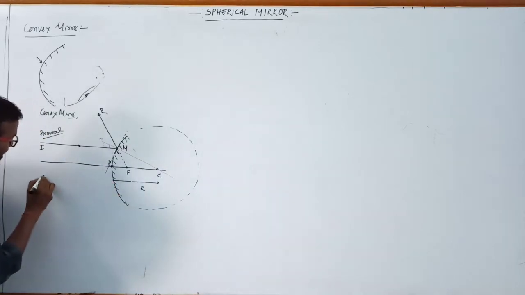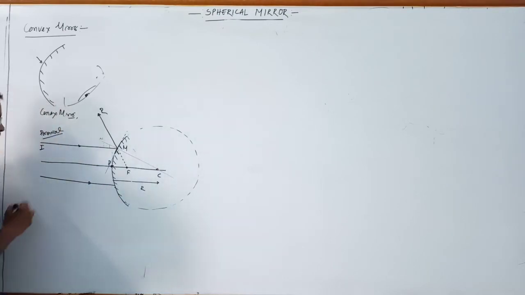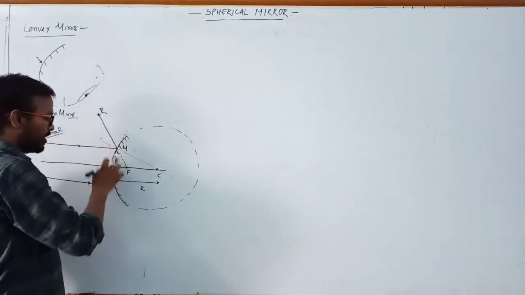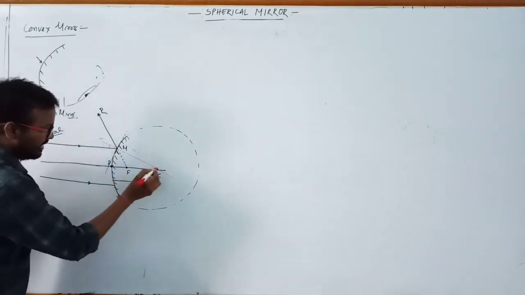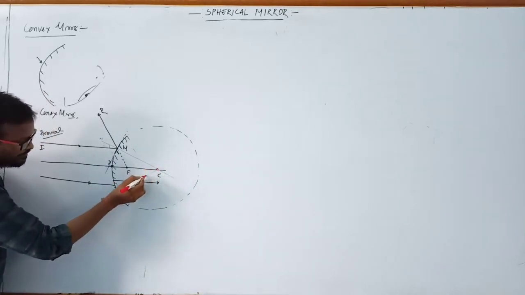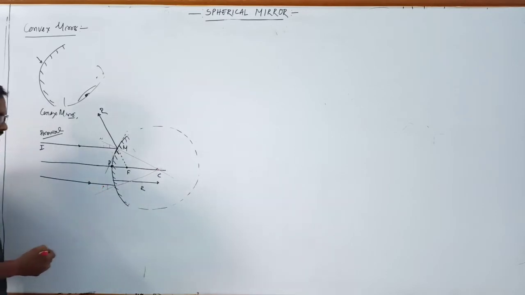If you take another ray here, suppose there is another paraxial ray coming from an infinite source. After it is incident on the convex mirror, if you draw a tangent and a normal, then this normal passes through the center of curvature, and this angle is the angle of incidence.